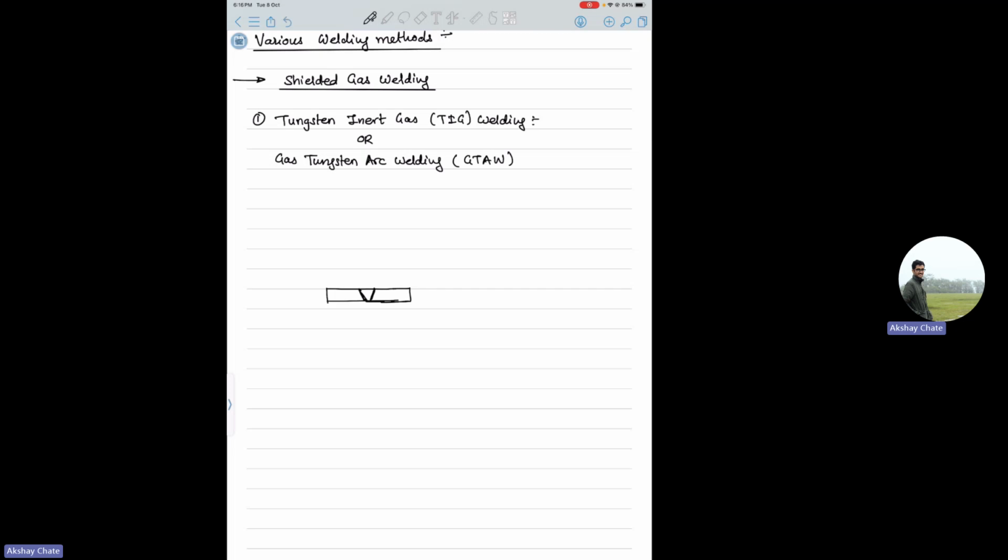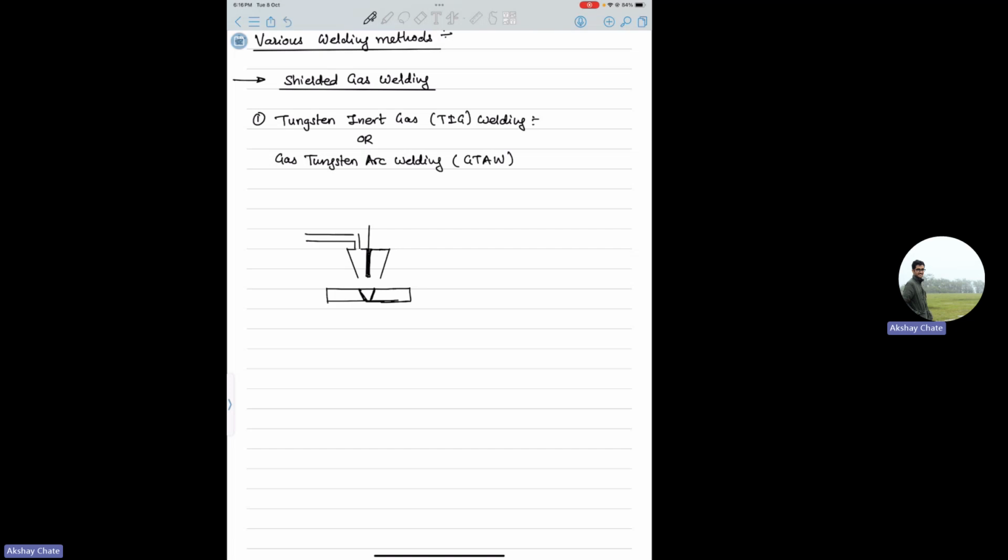So in these cases, you will have your electrode. Okay, so mostly this tungsten electrode is there, because as the name suggests, it's a tungsten method, right? So you'll have a tungsten electrode. Let's assume it like this, and it will be covered. Okay, so it will be shielded. So your weld pool will be shielded like this, and in this region, maybe like this.